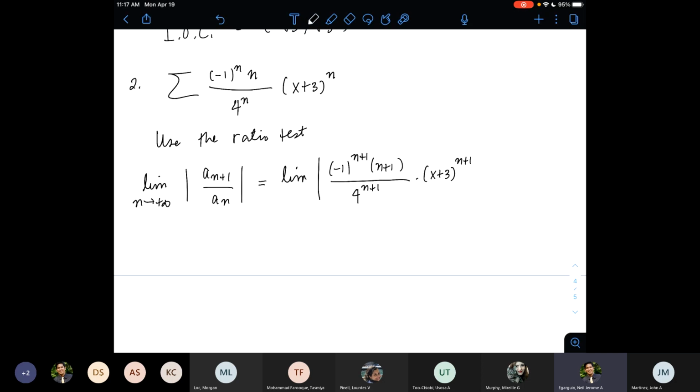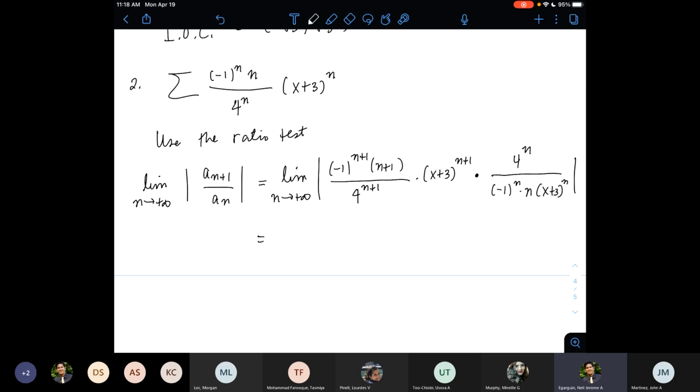And then supposedly it was a division by a sub n, right? So I'll right away turn it into a multiplication problem by the reciprocal of the n term. So it's going to be 4 to the power n all over negative 1 to the power n times n times x plus 3 to the power n as n approaches infinity.